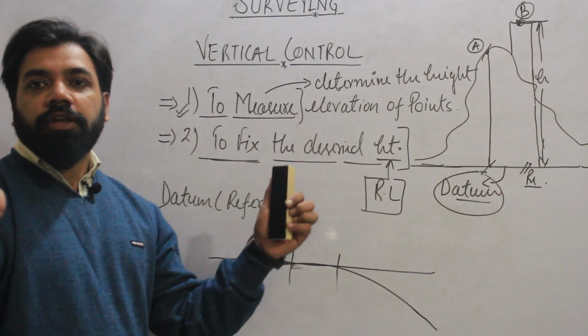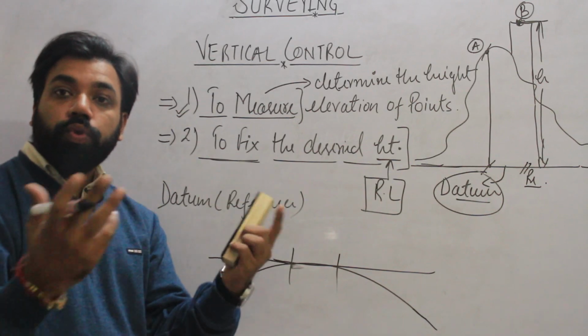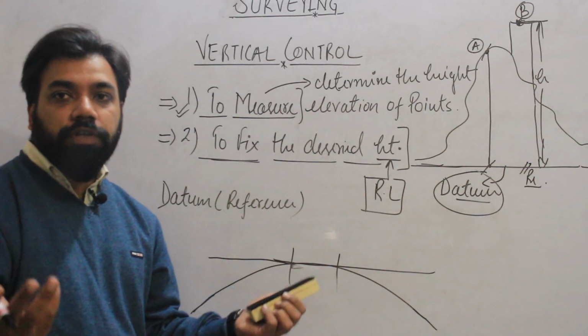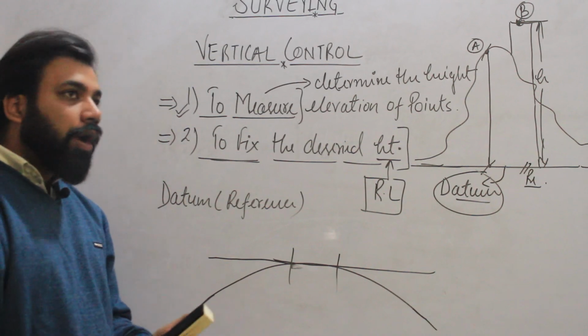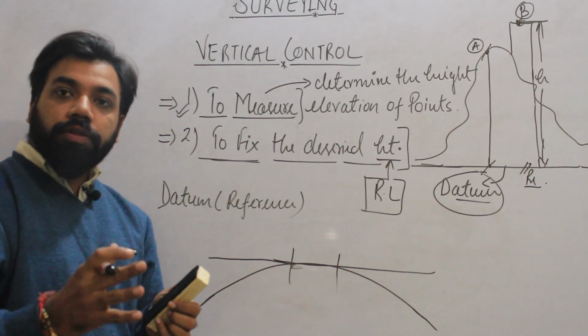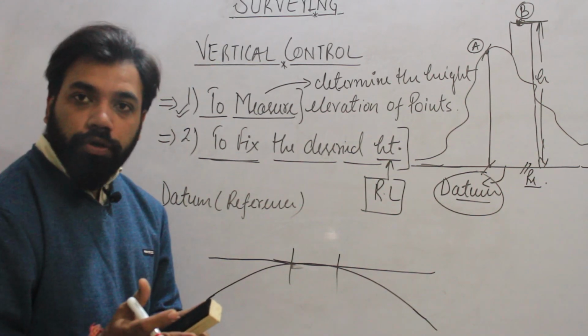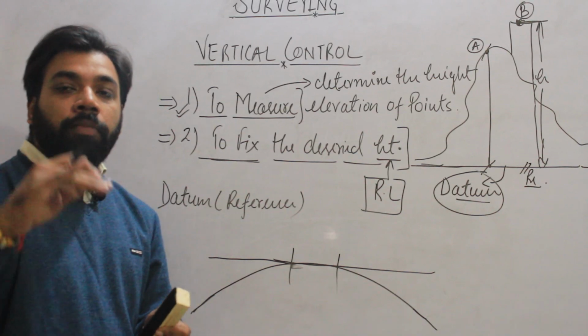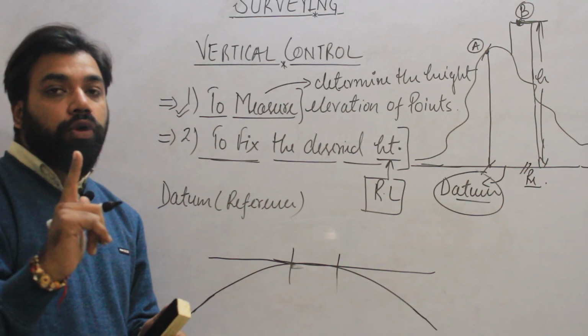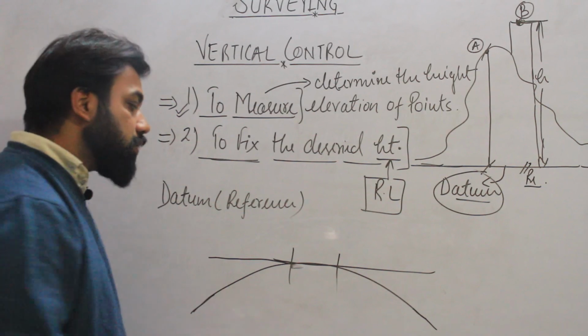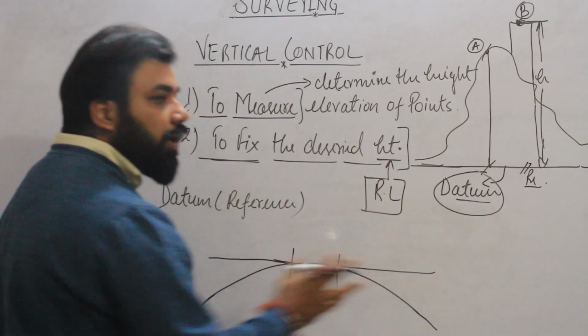But if we are dealing in a big area, suppose 2000 kilometers to 1000 kilometers, now the curvature of earth plays a role to define the datum or reference. Now it cannot be a straight line because of the curvature of the earth.